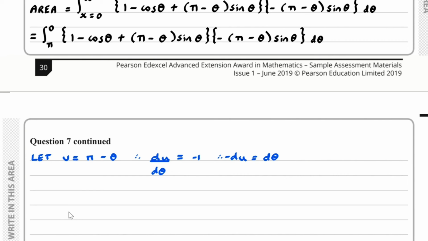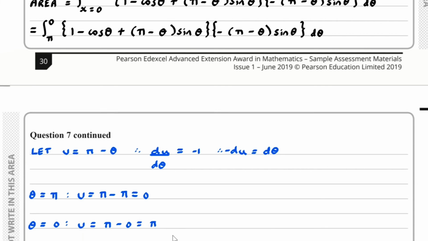And when theta equals pi, u is equal to pi minus pi, which is 0, so this is our lower limit. And when theta equals 0, u equals pi minus 0, which is pi. This is our upper limit.